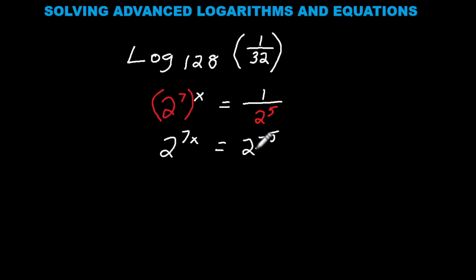And on the right side, I have 2 to the minus 5 power. Since my bases are the same, I can then set the exponents equal to each other. Then I simply divide both sides by 7 to get minus 5 over 7, which is the answer. So 128 to the minus 5/7 power gives me 1 over 32.